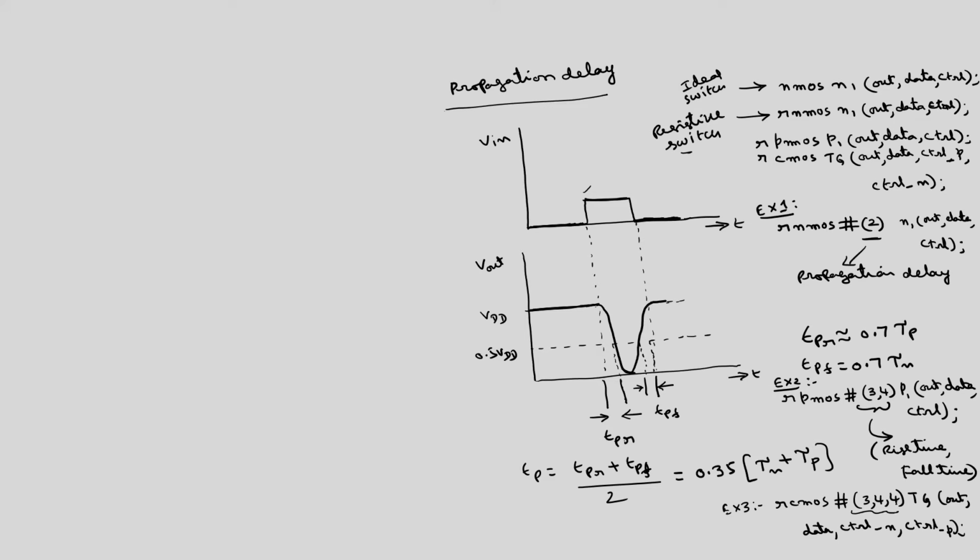Here, these three values represent the rise time, fall time, and then turn-off time. This is how we can represent rise time, fall time and propagation delays in the case of CMOS circuits.